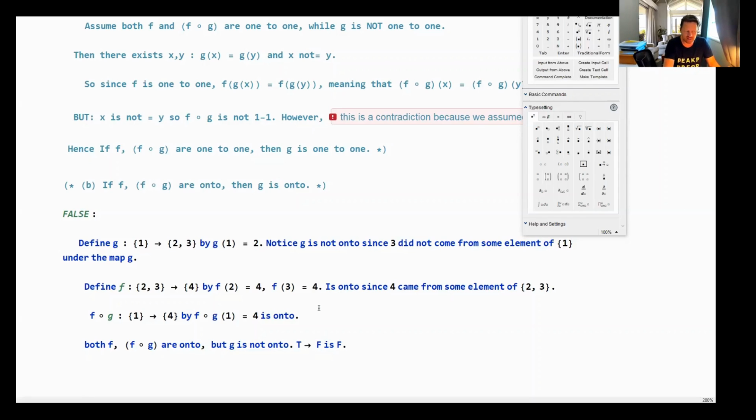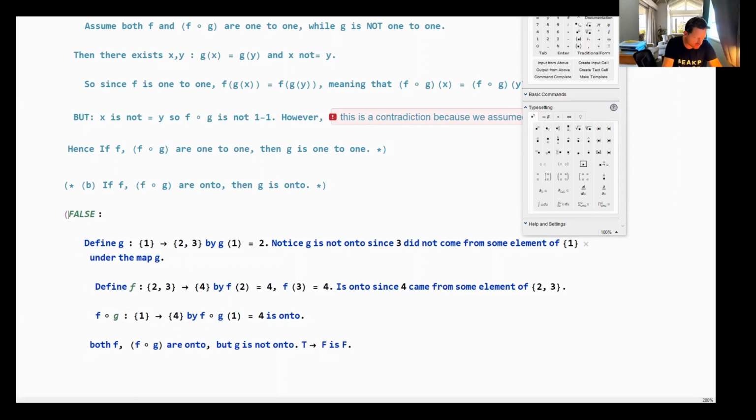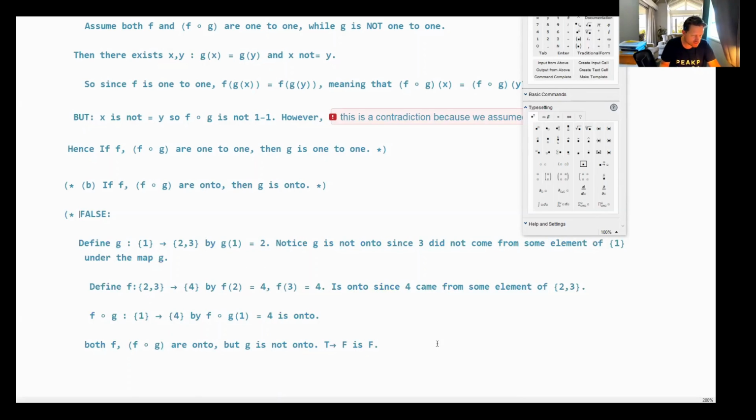So this is a counterexample. Any questions about that? All right, great. So we'll turn this into a comment and we'll move on to have a look at the next one. I think it should be 8.4.